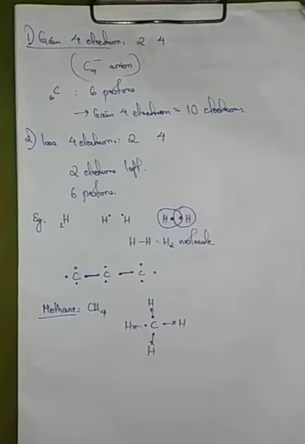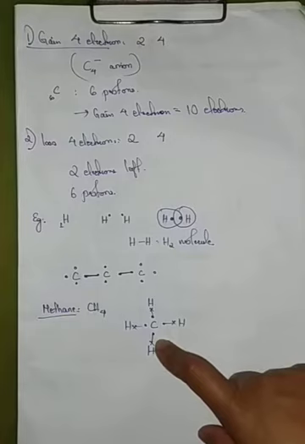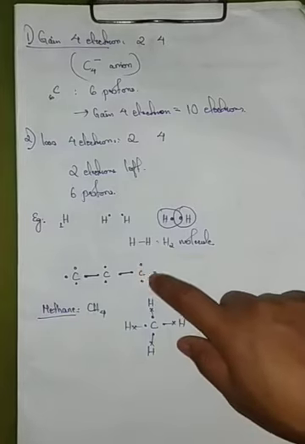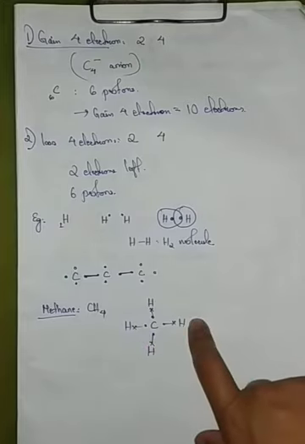Now we know that our carbon is tetravalent because it has 4 valence electrons. In order to achieve its noble gas configuration, carbon shares its 4 valence electrons with the 4 hydrogen atoms.